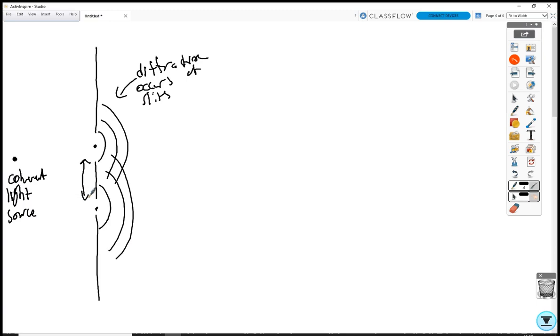And there's a small slit separation here, let's say about 0.5 millimeters. And that gives us an interference pattern on the screen with a central bright fringe.